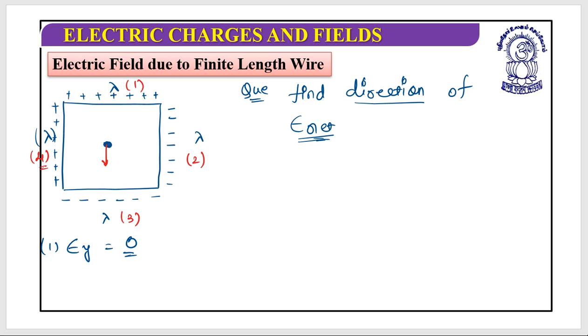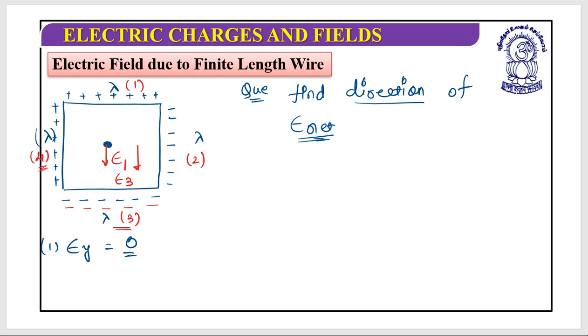This is the direction of electric field due to the first wire. Now look at this third wire. It has a negative charge density, so the direction of electric field will be towards the wire. This would be E3.